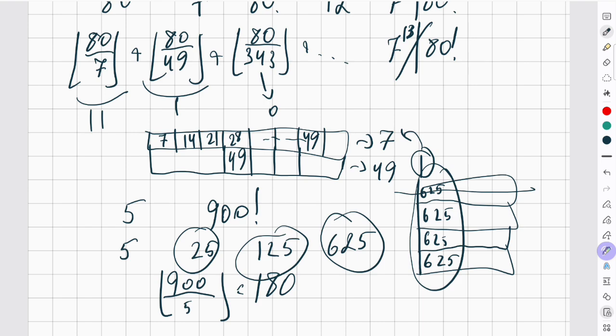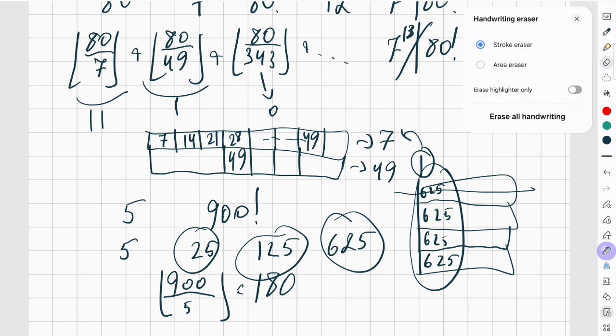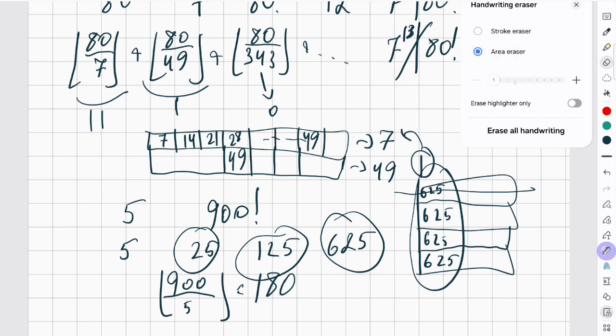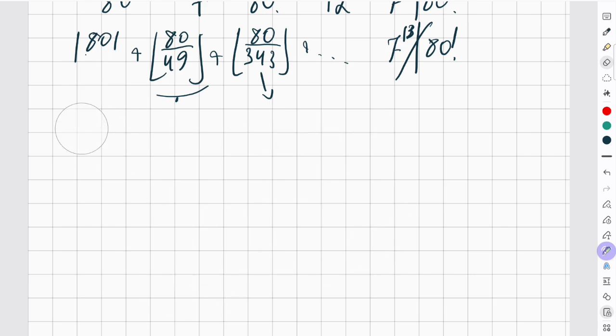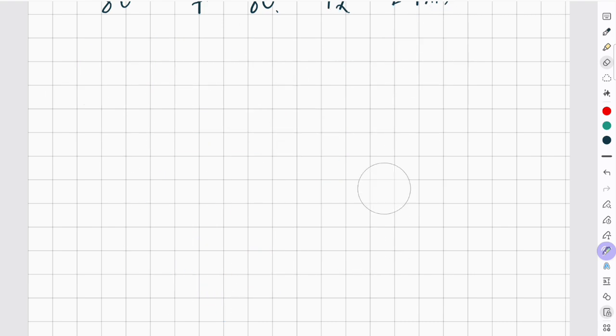Let's go back to the question that I have written above. But firstly, let me just delete here, because we need some empty space to solve the question. Okay, I guess everything is ready.